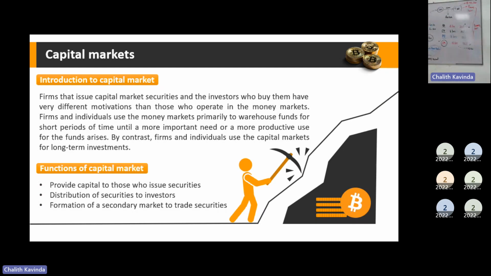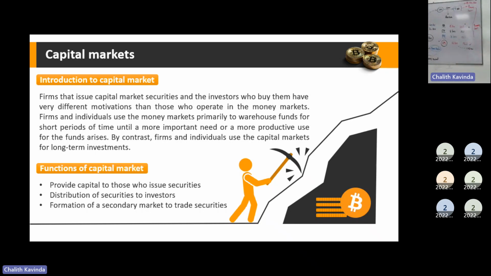The financial markets are one of the components in the financial system. Then we saw the two categories, money market and capital markets, and we have now completed the sub-markets coming under money markets. So now let us discuss capital markets.